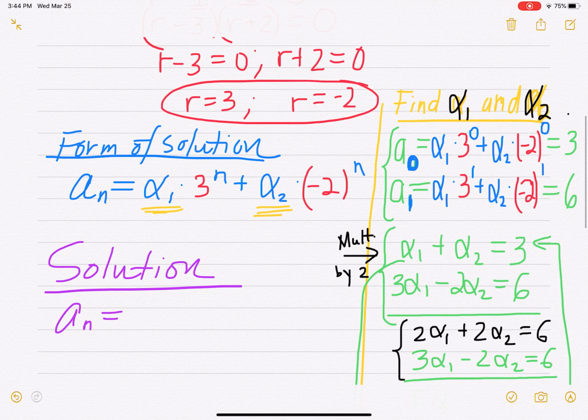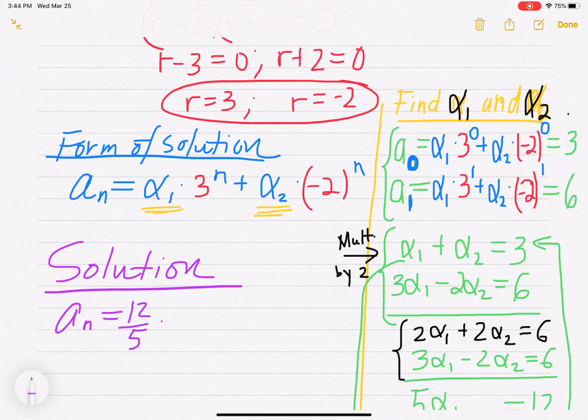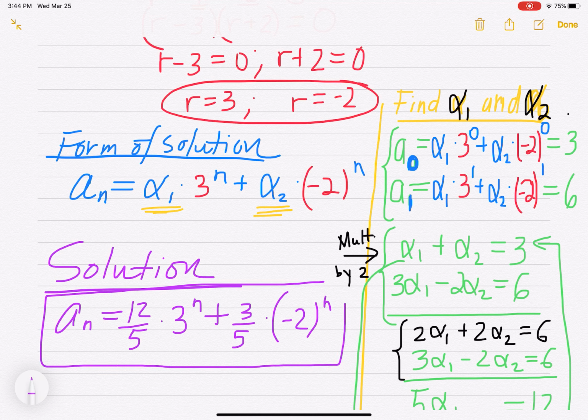So 12/5 times 3 to the n power plus 3/5, that was alpha 2, times negative 2 to the n power. So this is actually the closed form of that sequence.